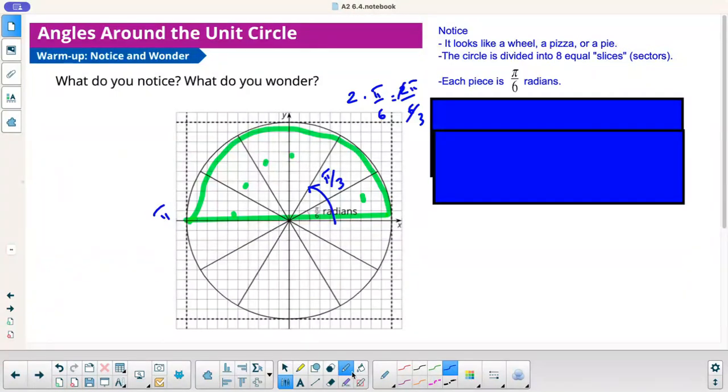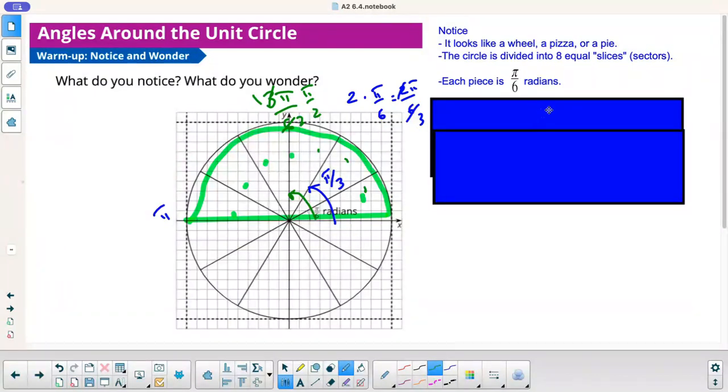Then if we wanted to go to this angle right here, that would be 1, 2, 3 pi over 6s. So 3 times pi over 6, and if I reduce that, these are both divisible by 3, that would be 1 and 2. So this angle is actually pi over 2 right here with the green.